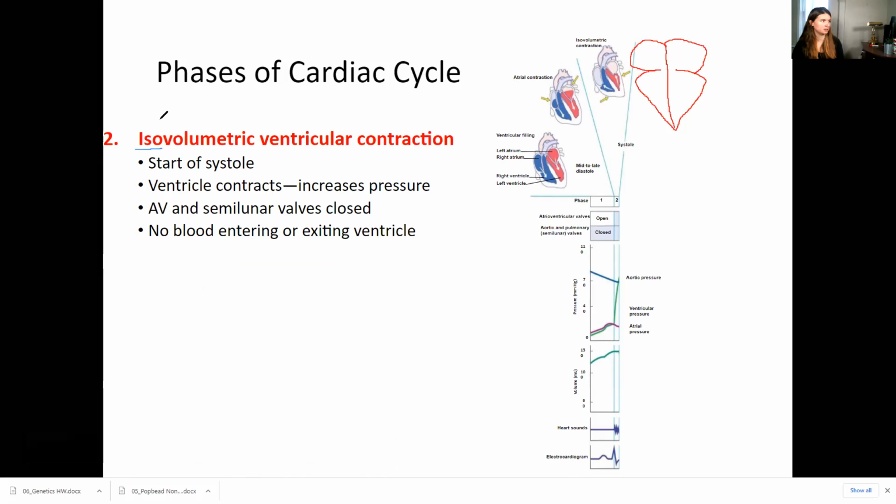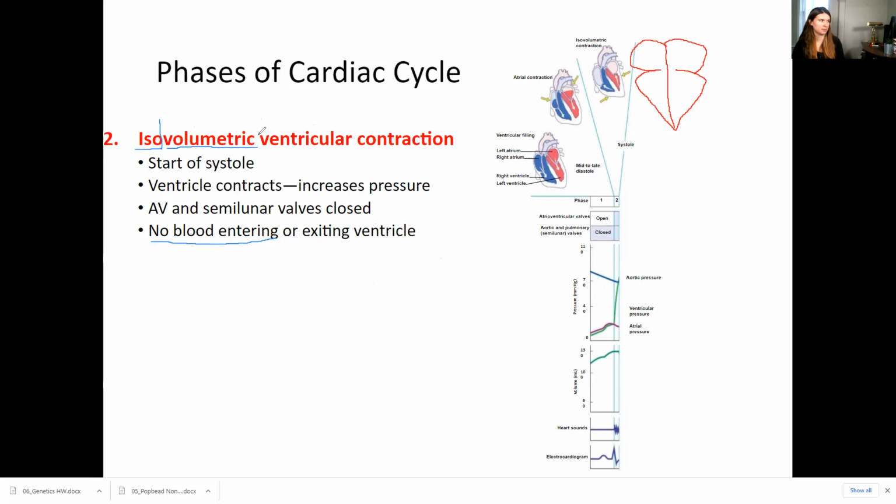So isovolumetric means same volume. This is telling us that we have the same volume, but our ventricles are contracting. We have the same volume of blood in this ventricle the whole time, so no blood entering or exiting the ventricle during isovolumetric ventricular contraction.